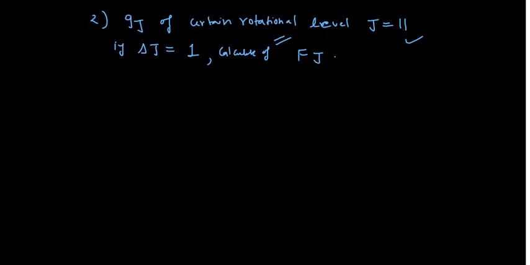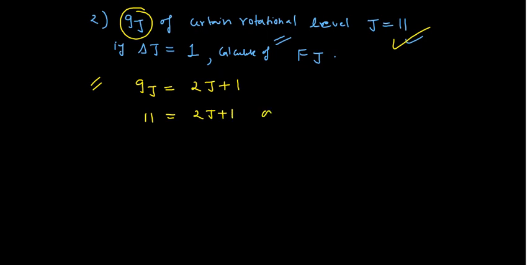Now see guys, this question again you can solve very easily. You know, degeneracy, that is Gj, is given by 2j plus 1. There is no problem in that. In that case this Gj is given as 11, so you can write 11 here. Here you say it is 2j plus 1. So if you rearrange this equation, you have 2j equals to 10 or your j equals to 5.